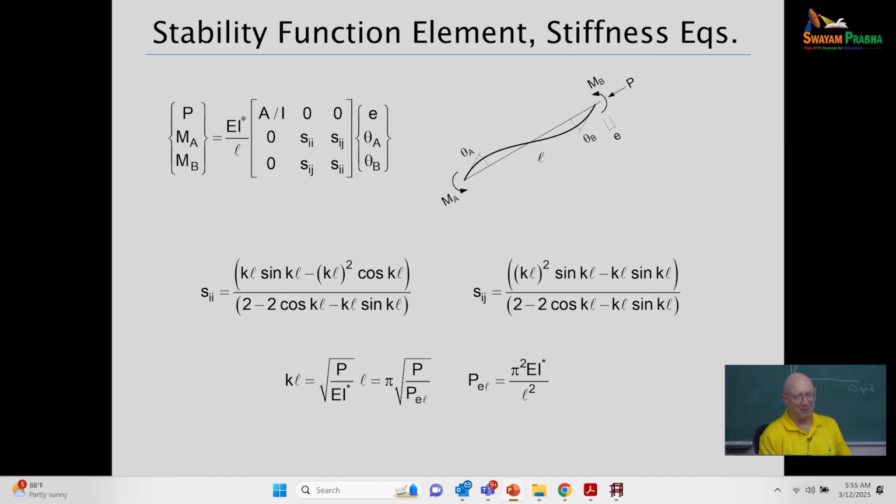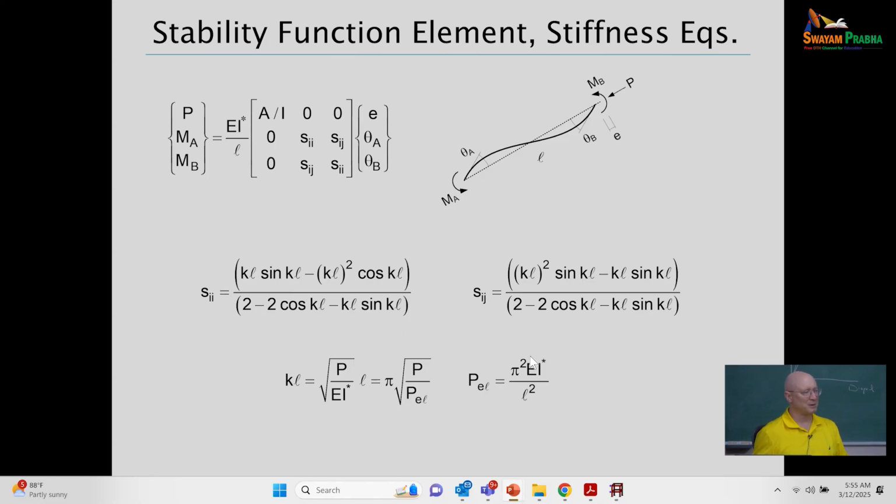There's nothing special about that. But the other 2x2 parts relate to the moments, where we have stiffness coefficients EI over L. Notice the script L here, so that's an element length. And we have coefficients either SII or SIJ, and the equations for SII and SIJ are shown here below.